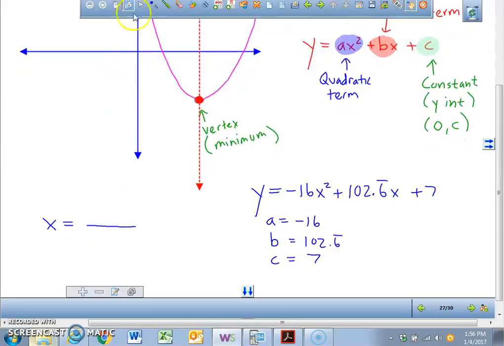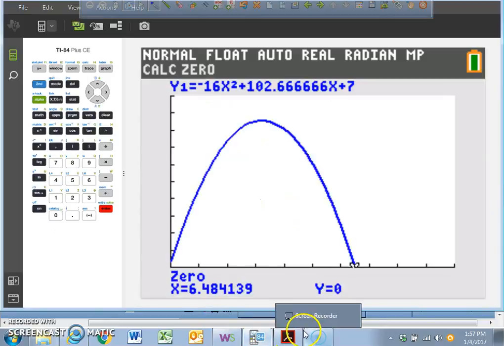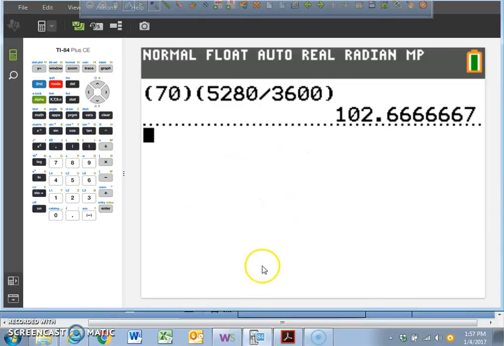Okay? So, if I say negative b, what is our b value? 102.6 repeating over 2 times our a value, which is negative 16. What I want you to do in the calculator is we're going to do this right now together. We're going to calculate that together. Going to hit second quit.